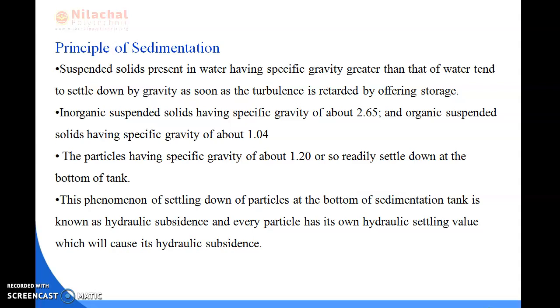Inorganic suspended solids have a specific gravity of 2.65, organic suspended solids have a specific gravity of 1.04, and particles having a specific gravity of 1.20 readily settle down at the bottom of the tank. This phenomenon of particles settling at the bottom of the sedimentation tank is known as hydraulic subsidence, and every particle has its own hydraulic settling value which causes its hydraulic subsidence.